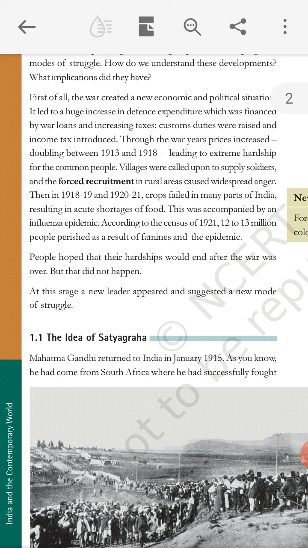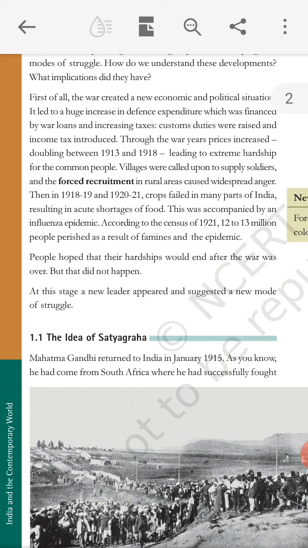This was accompanied by an influenza epidemic. The influenza epidemic means a widespread disease also spread out during that time. According to the census of 1921, 12 to 13 million people perished.